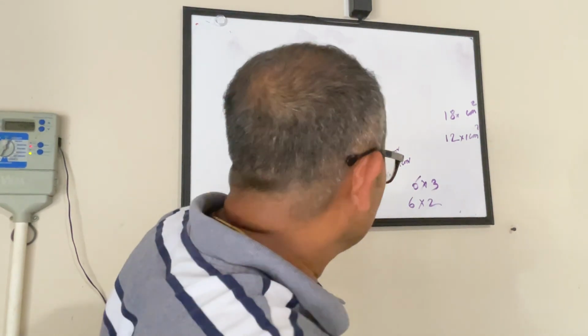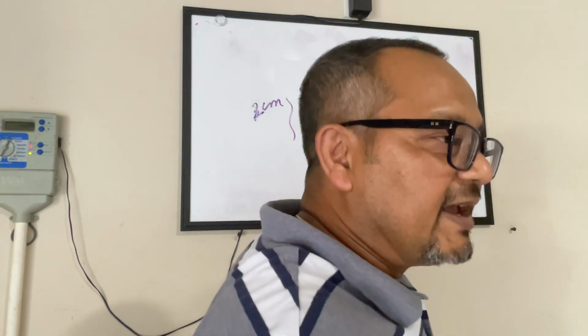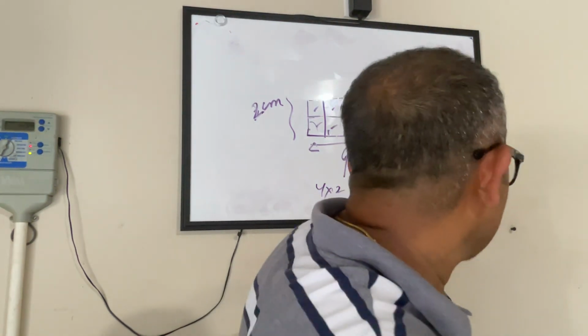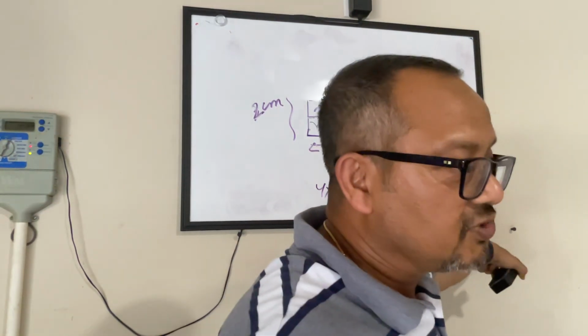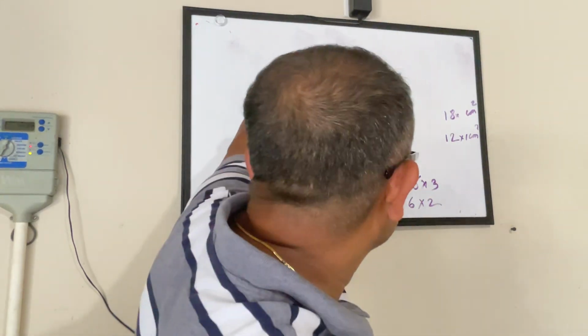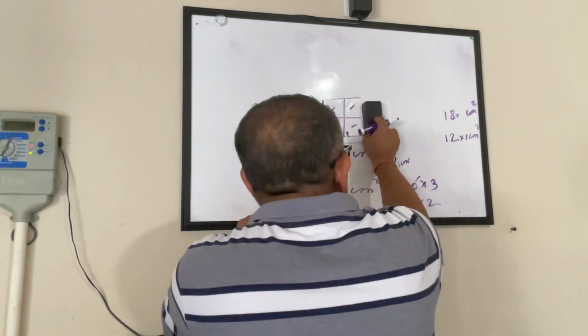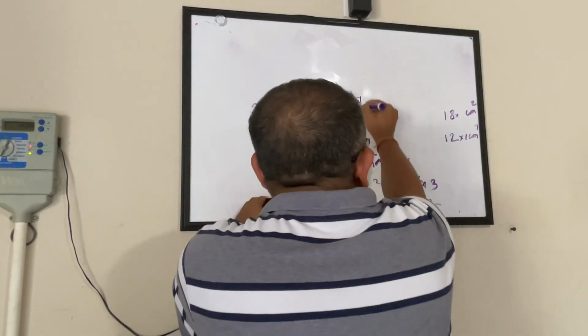Length times width. When I had 6 and 3, it became 6 into 3. When length was 6 and width was 2, it became 6 into 2. When my length became 4 centimeters and width was 2 centimeters, it became 4 into 2. When I had 3 centimeter length and 2 centimeter width, it became 3 into 2, 6 boxes, 6 centimeter squares.